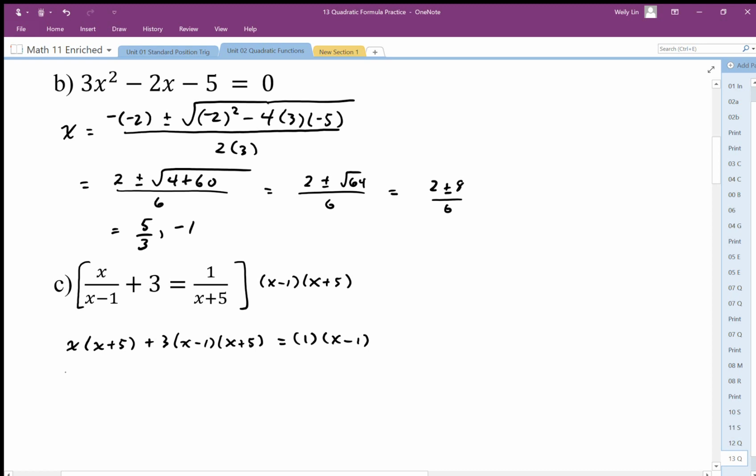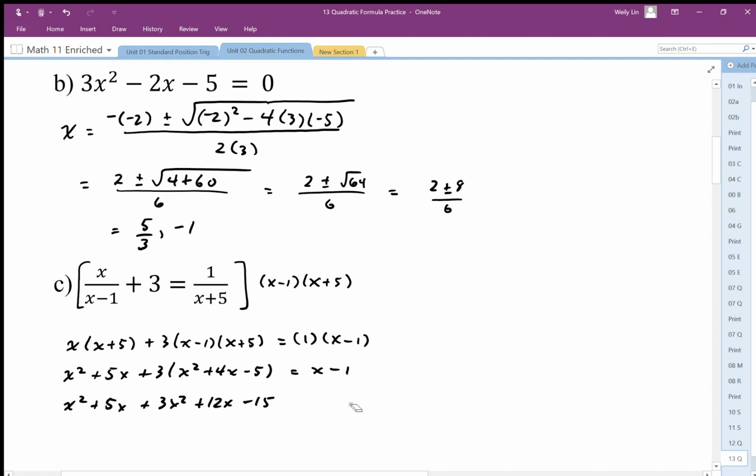Okay, so we need to expand and combine like terms. Okay, so then we end up with x squared plus 5x plus 3x squared plus 12x minus 15 equals x minus 1.